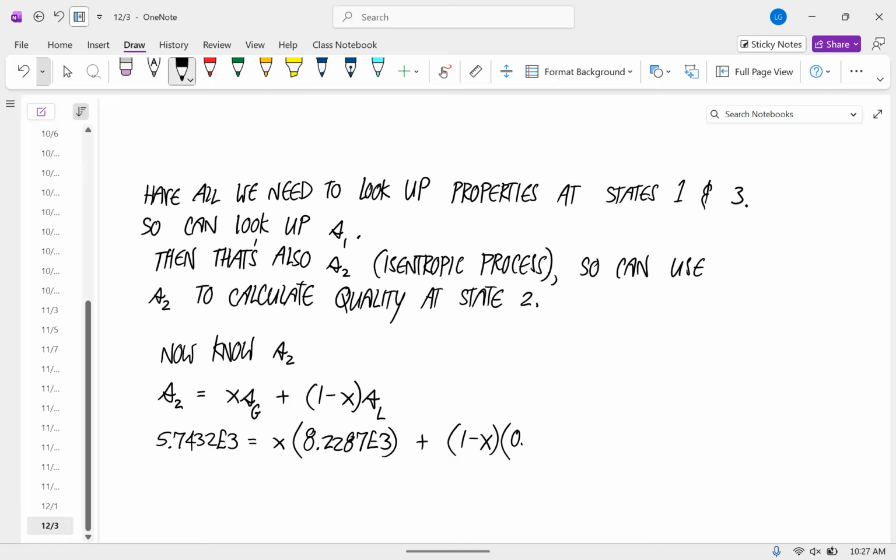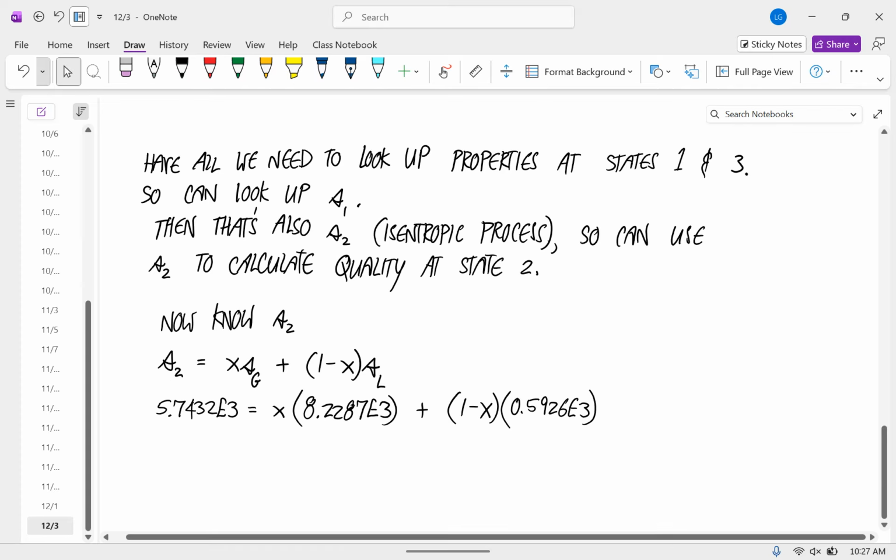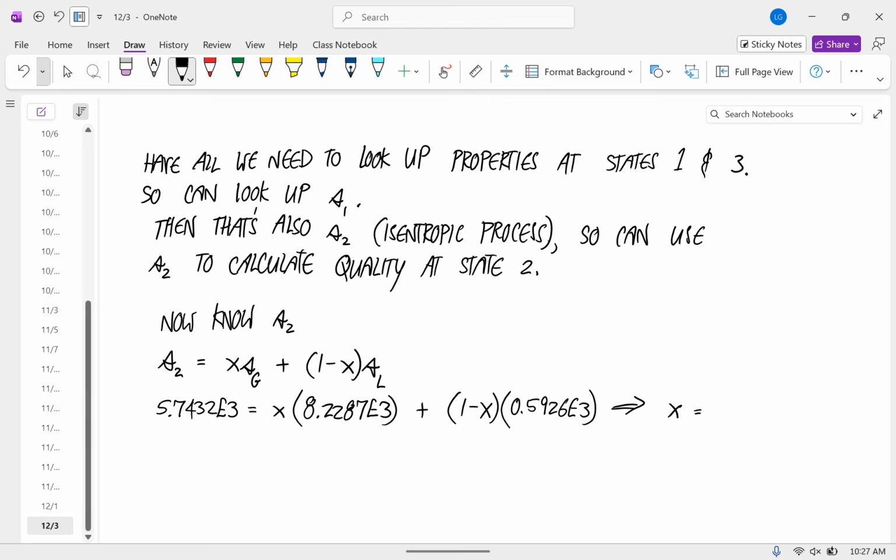That is 0.5926 times 10 to the third. And you can use that to calculate the quality, and you get that X is equal to 0.6745.